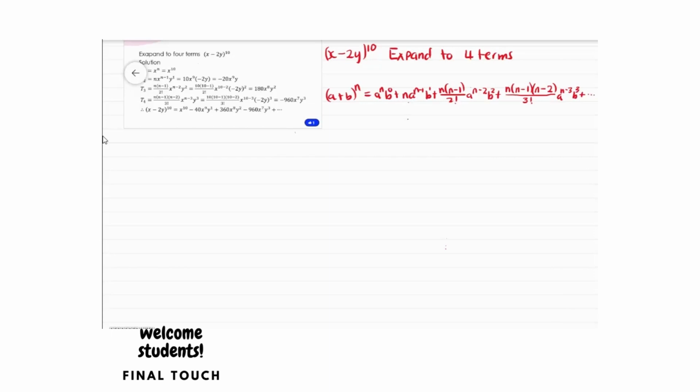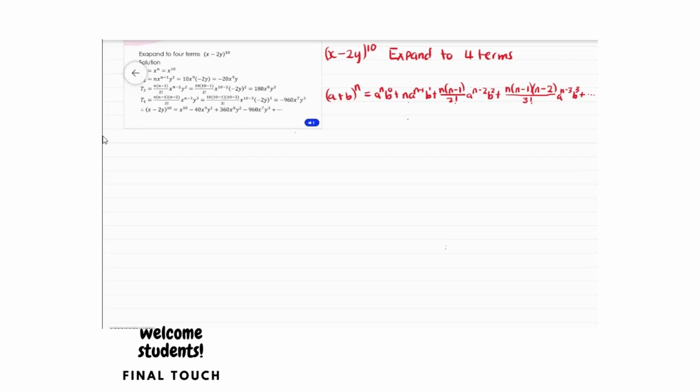So this is the formula for the binomial expansion. As you can see here, our powers of A are decreasing, whereas our powers of B are increasing. Another point to note is these coefficients, the binomial coefficients.